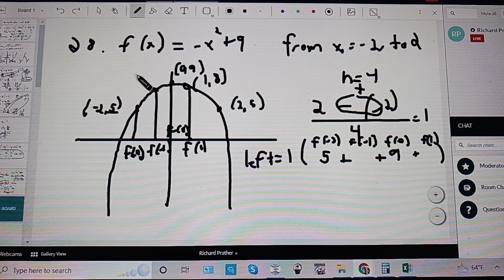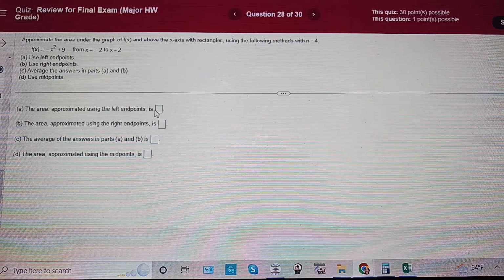So I got (1, 8) and (-1, 8) are the other 2 spots. So both of these are 8s. So this answer will be whatever this adds up to: 13, 22, 30. The left endpoints give me an answer of 30.